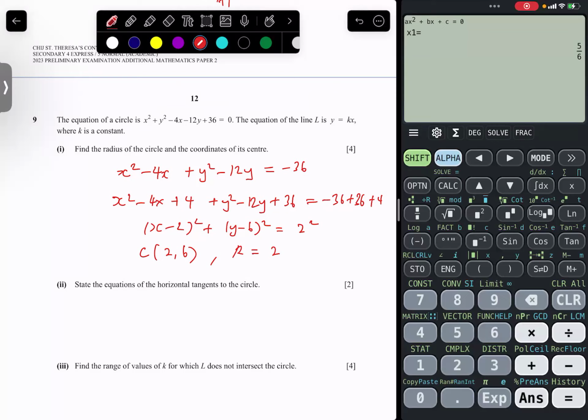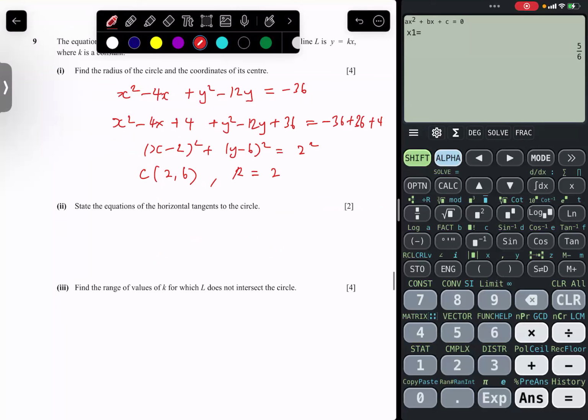State the equation of the horizontal tangents to the circle. We can just draw an image for understanding. The center is (2, 6) and the radius is 2. So the horizontal tangents are over here and over here, right?